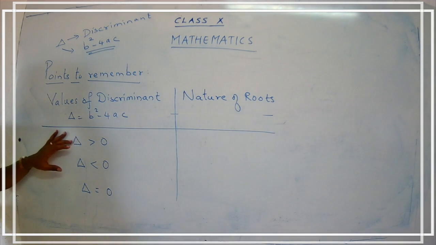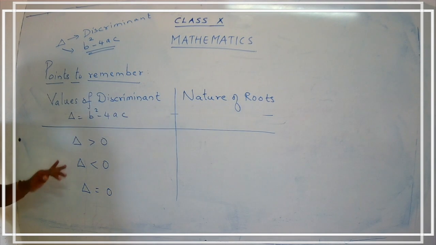If you get a positive value, what about the nature? If you get a negative value, less than 0 means the values are negative. And what happens if the value for delta is equal to 0? So we have these three conditions and we have to find out the nature of roots for them. Let us go for the nature of roots if delta is greater than 0.